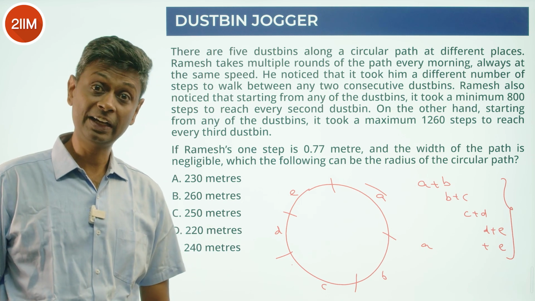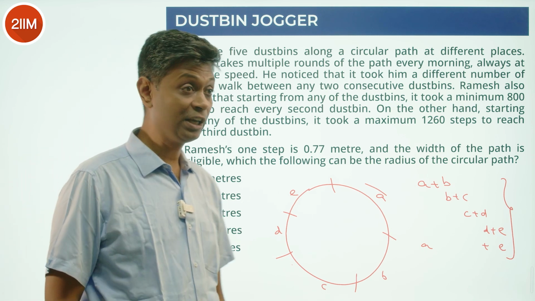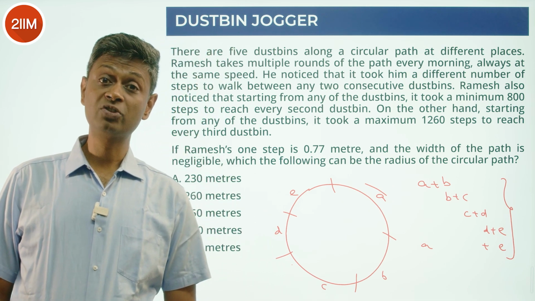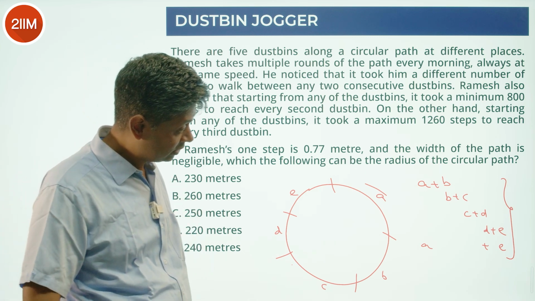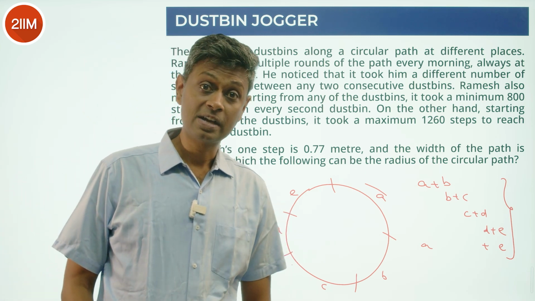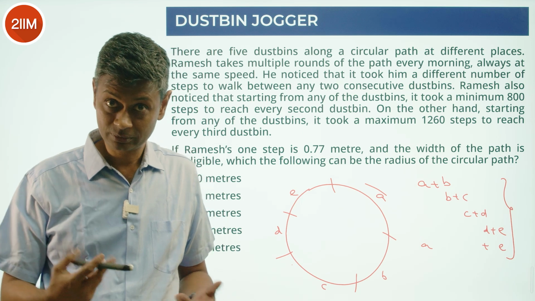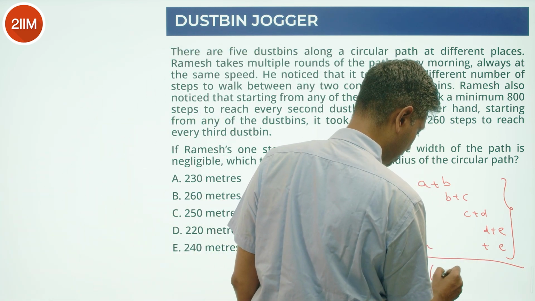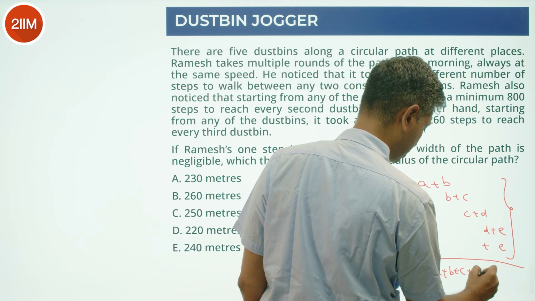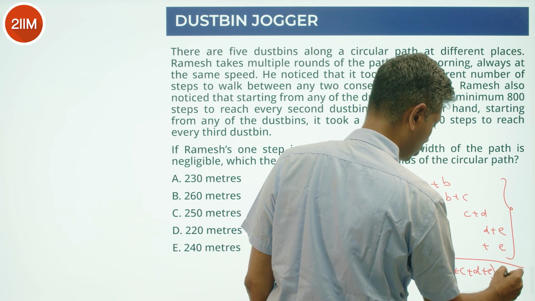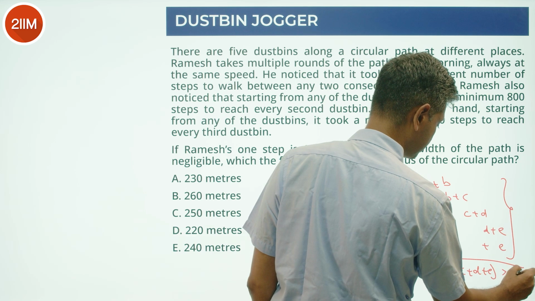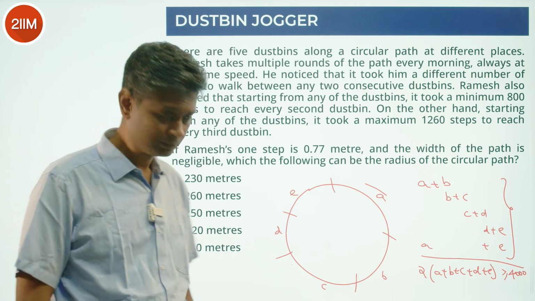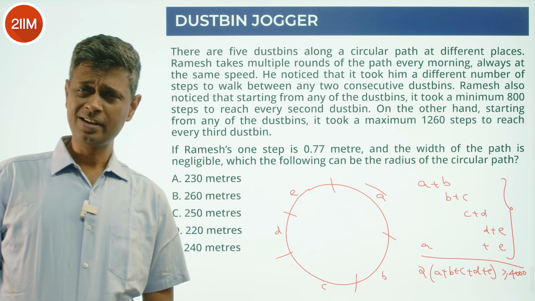Together it will be greater than or equal to 800 into 5, or A plus B plus C plus D plus E is greater than or equal to 800 into 5 by 2. Very interesting idea. Add all of this. 2 times A plus B plus C plus D plus E is greater than or equal to 4000. Nice, brilliant. Very interesting and done. We're through.